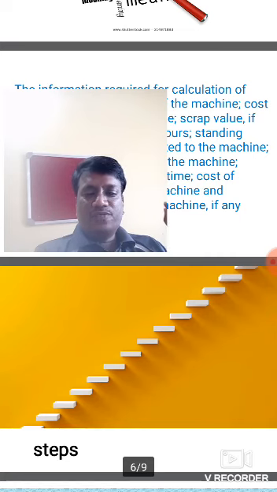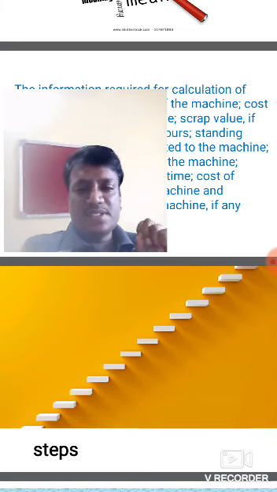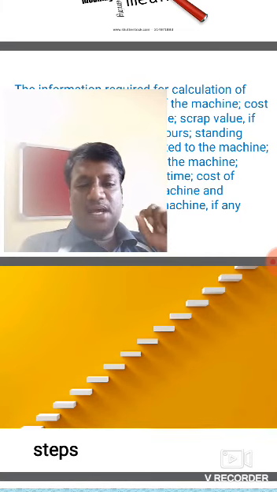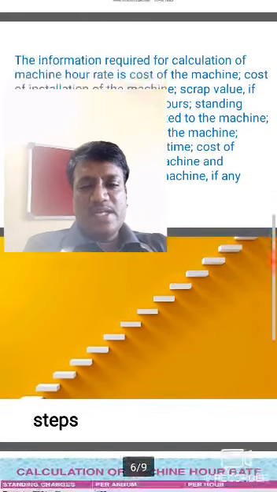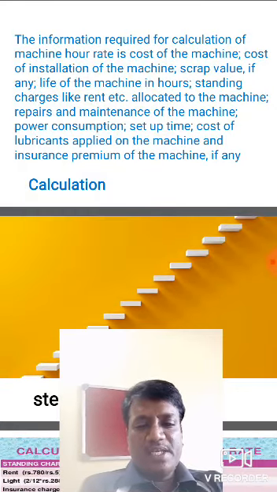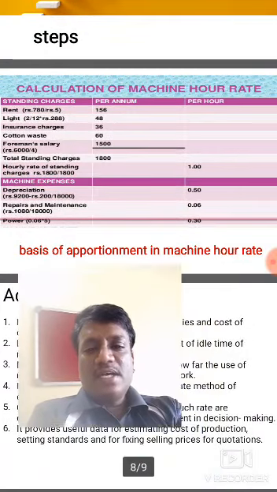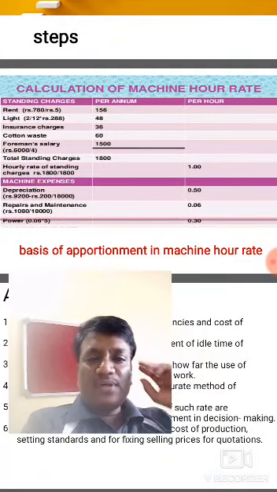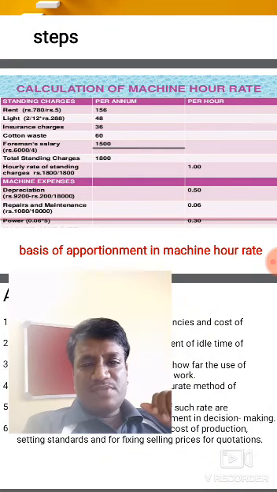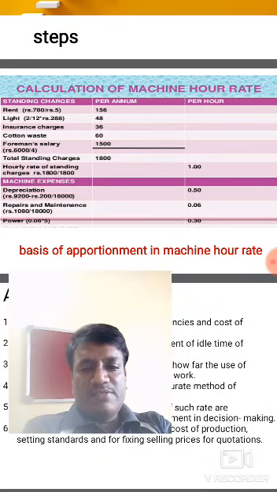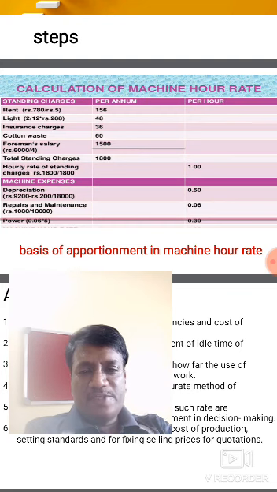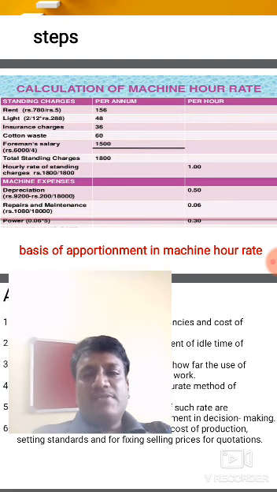However, we need to follow certain steps in order to calculate how the machine hour rate can be arrived at. That we shall try to see. The first one: when we look at the format displayed on the video, the format consists of three important columns.